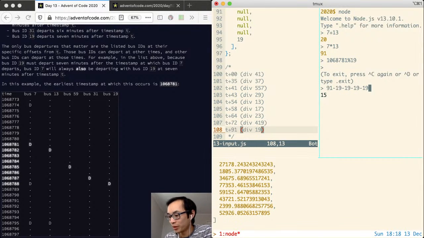Seems like what I want. But I just want this simpler case first. What was the example case? Mod 7 is 0, and mod 13 is 12.